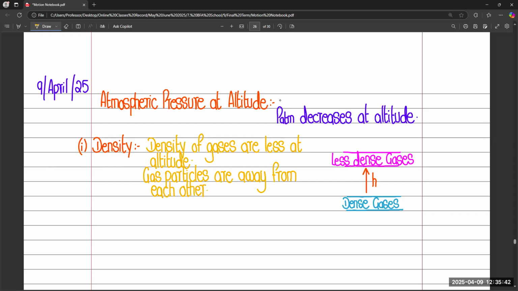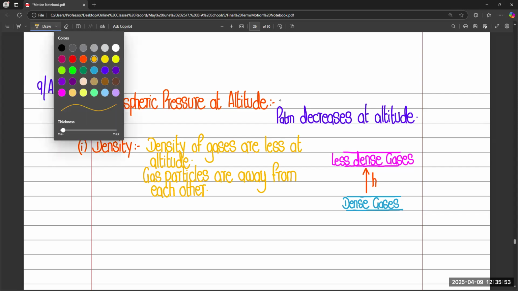So gas particles are away from each other in the case of gases at altitude. That's why the atmospheric pressure decreases over there. And the second factor is about temperature.